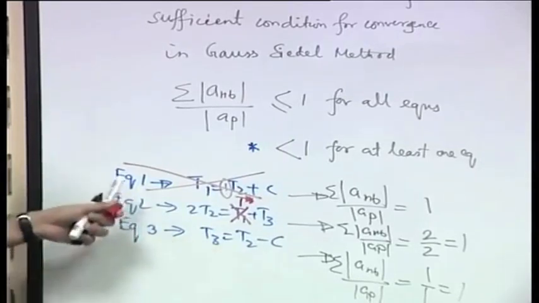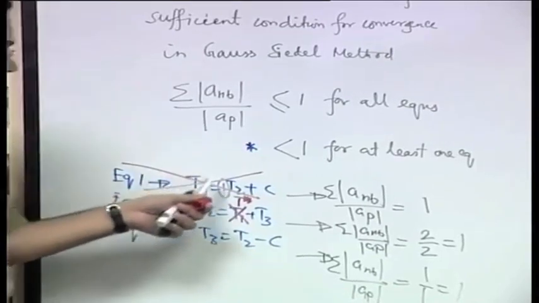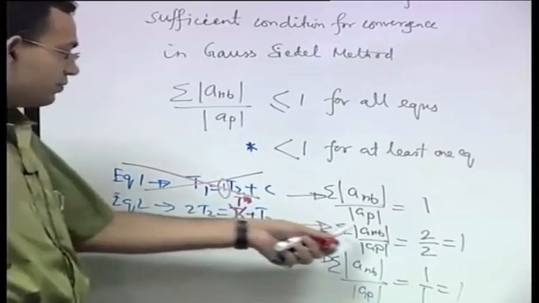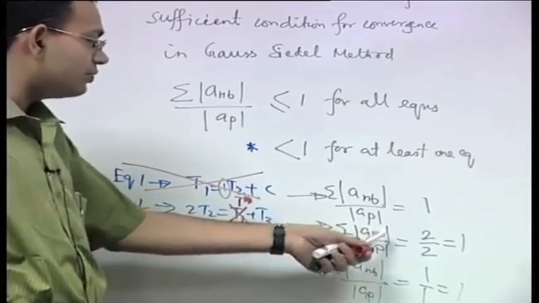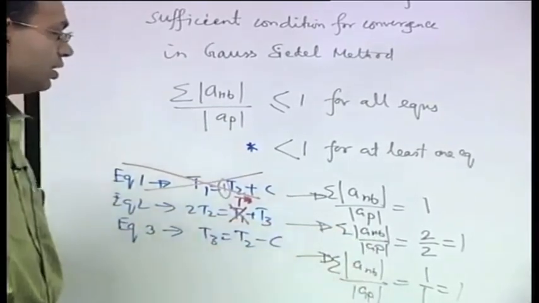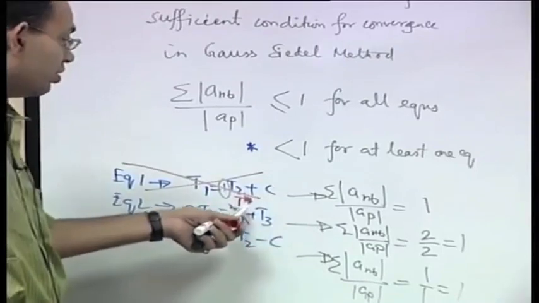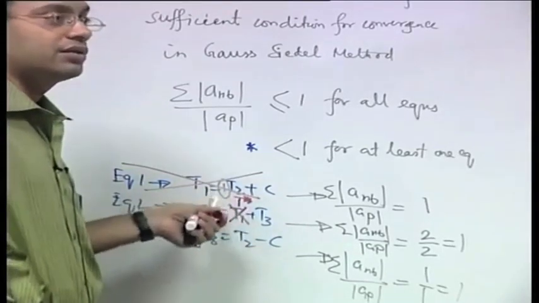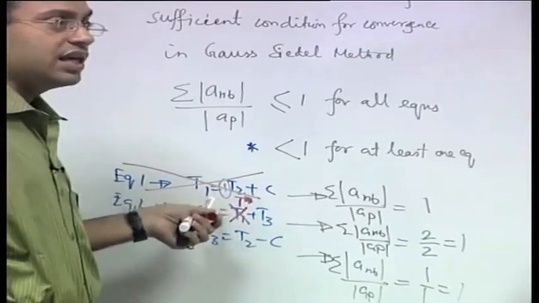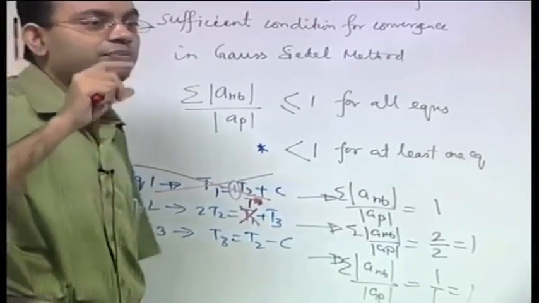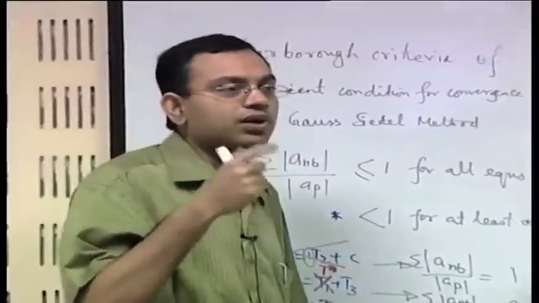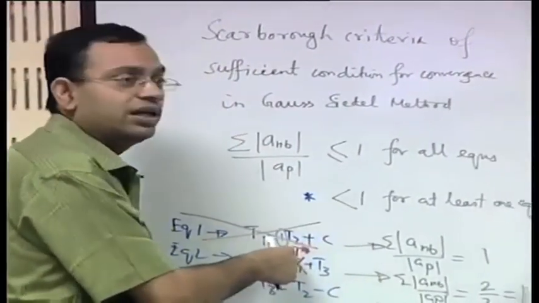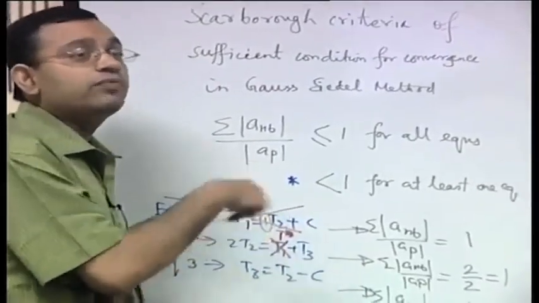So what now gets modified is this equation 2, which is the new equation 1. What is now the mod of sigma of mod of A n b by A p? It is 1 by 2, because now T1 does no more represent a neighbor, in a sense that a neighbor is represented conceptually by something which is an unknown. Now you have already substituted a known here, so it is not a coefficient.